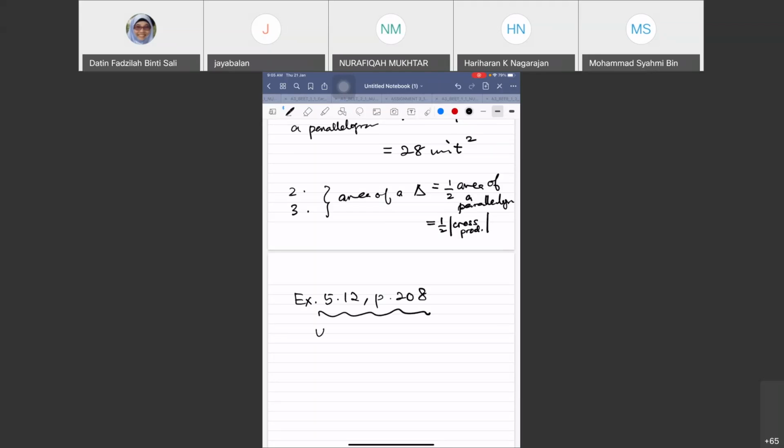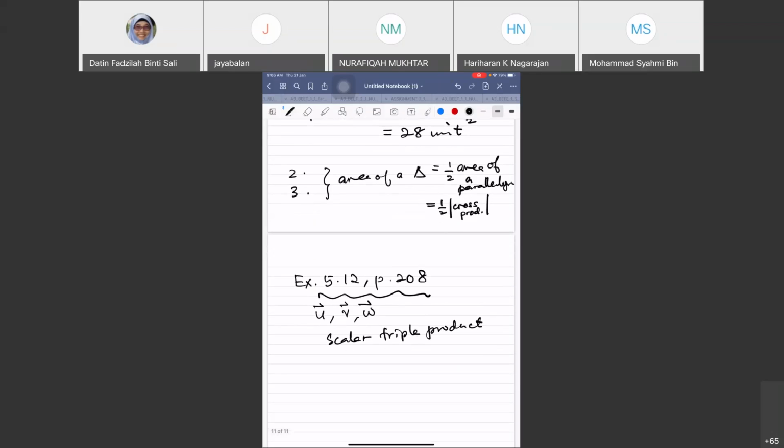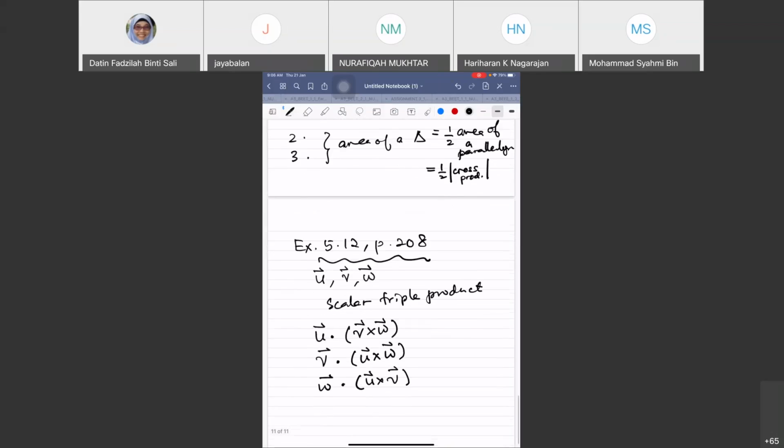If you have, for example, three vectors u, v, and w, for scalar triple product you have more than one way to do this. Either you say u dot v cross w, or it can be v dot u cross w, or it can be w dot u cross v. Okay, so this is scalar triple product.